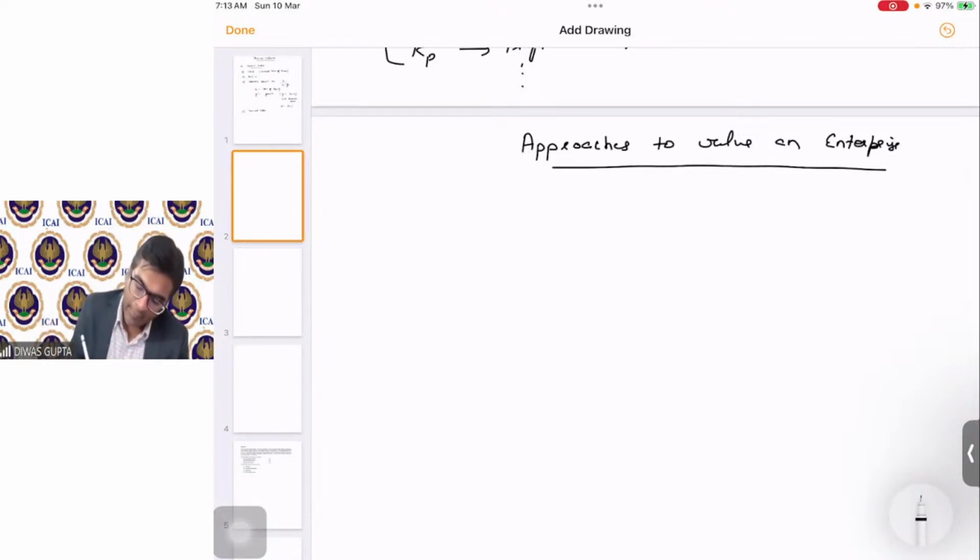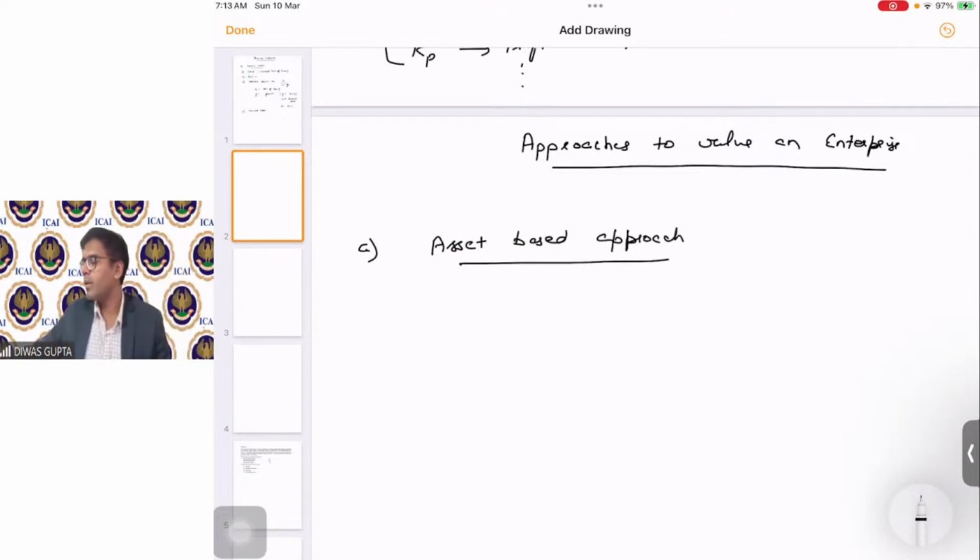First of all, let's talk about the asset-based approach.